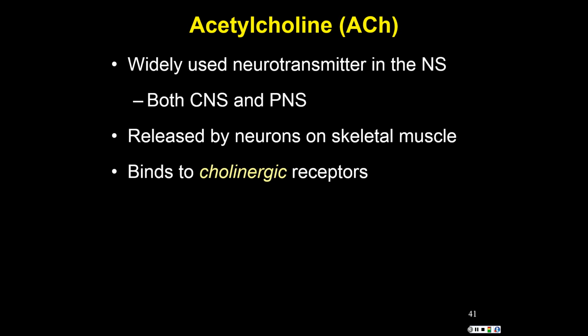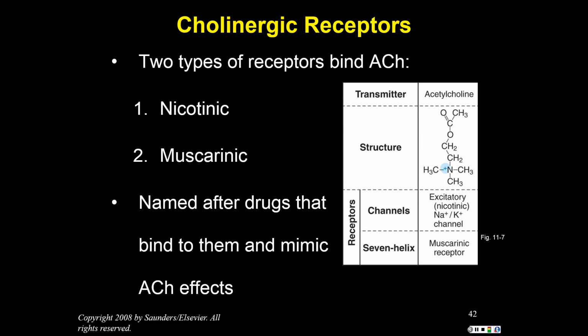We already talked about acetylcholine, but I'd like to go ahead and review it because we did conclude class with this on Monday, and it is found not only in the peripheral nervous system but also in the central nervous system. The second item here is that we'll see its primary role at the skeletal muscle when we get into the third unit on how the somatic nervous system regulates skeletal muscle contraction. But the proper name for a receptor that binds to acetylcholine is a cholinergic receptor.